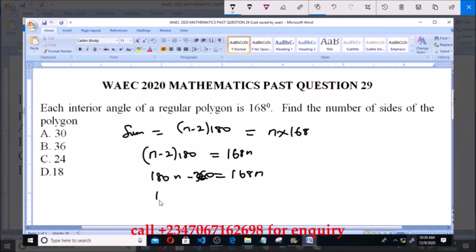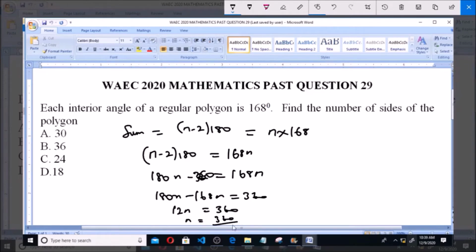From here we have 180n minus 168n is equal to 360. Then 12n is equal to 360. n is equal to 360 over 12, and that is equal to 30. Therefore, this regular polygon has 30 sides, and that is option A.